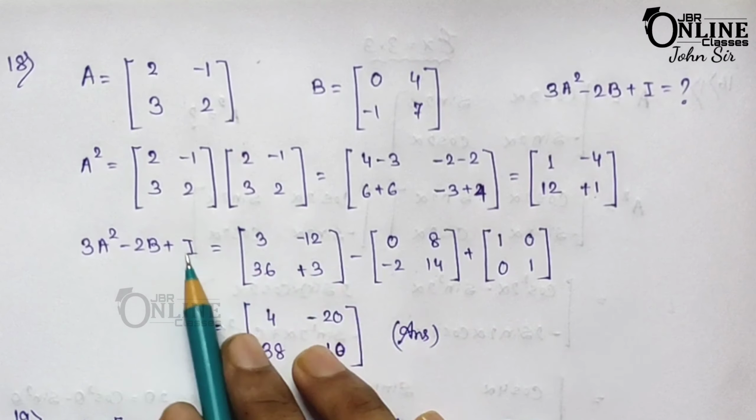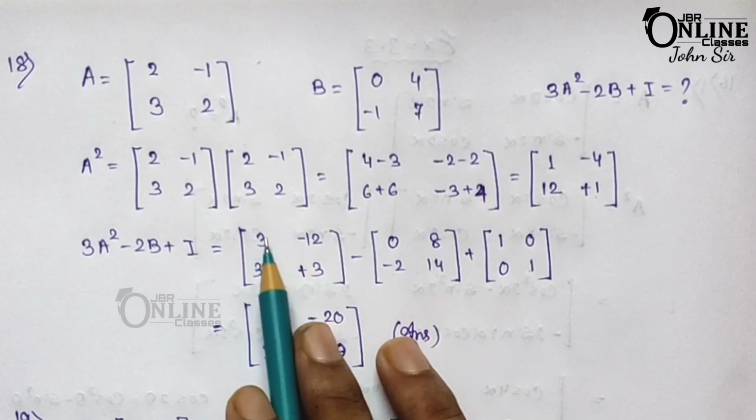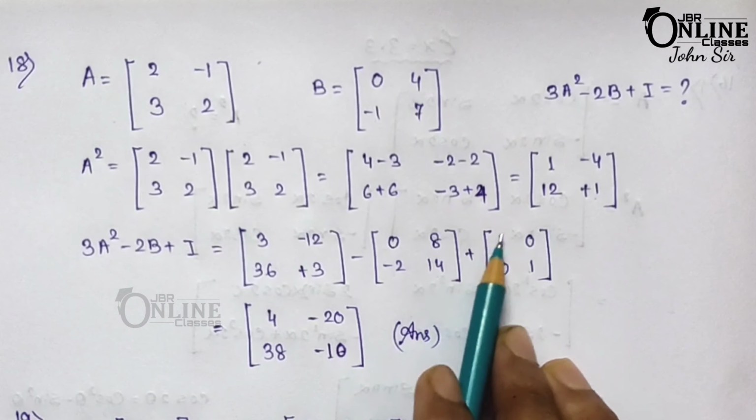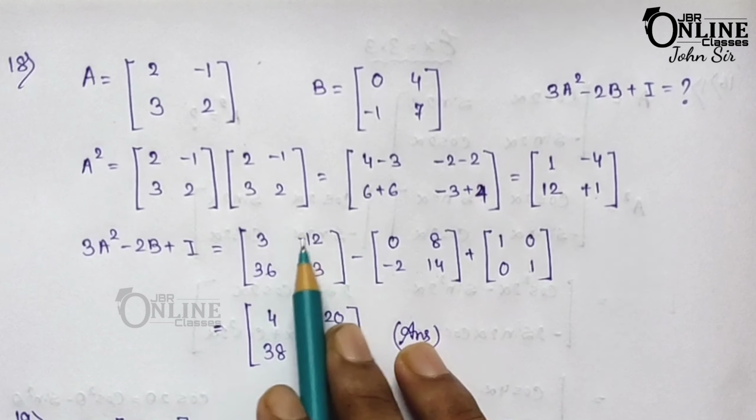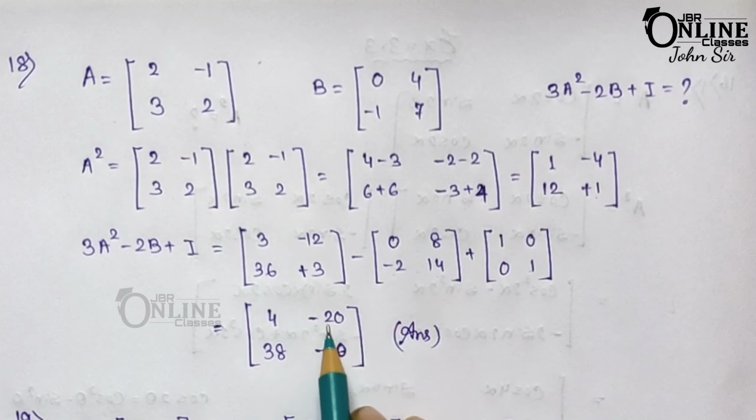Now first you have to subtract and then add. You can do it directly. So 3 minus 0 plus 1, it's 4. Minus 12 minus 8 plus 0, it's minus 20. 36, here minus minus plus, so 36 plus 2 plus 0, 38. Then 3 minus 4 plus 1, so it will be minus 10 as your answer.